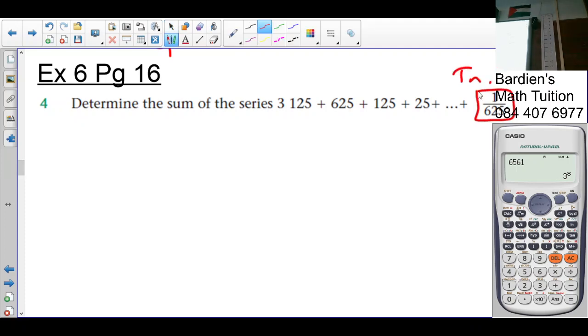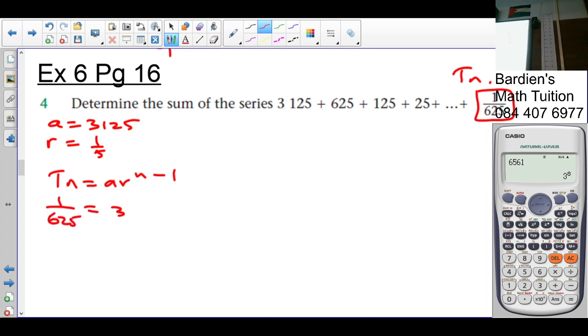So your A value is going to be 3125. Your R value is going to be term 2 over term 1, or term 4 over term 3, which is 1 over 5. Correct? So my general term is Tn is equal to ARn minus 1. Your nth term is 1 over 625 equals A, which is 3125, into R, which is 1 over 5, n minus 1.